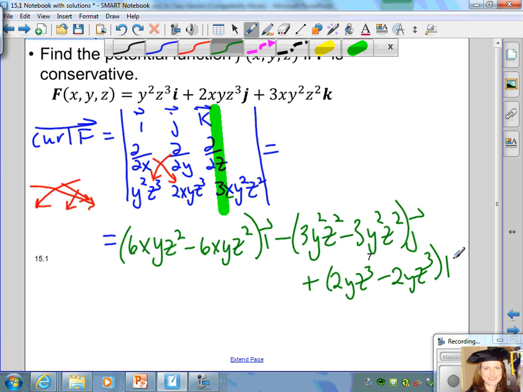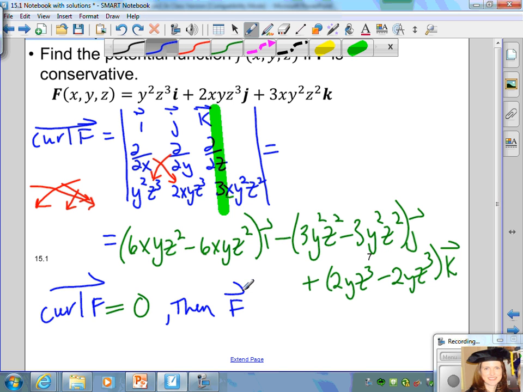When we simplify this, we'll see that this ends up being equal to 0. Now, if the curl of a function is equal to 0, then we can say that vector field is conservative. And if it is conservative, we can find a potential function. So the first part is calculating the curl to determine if the vector field is conservative. Since the curl is 0, it is conservative.